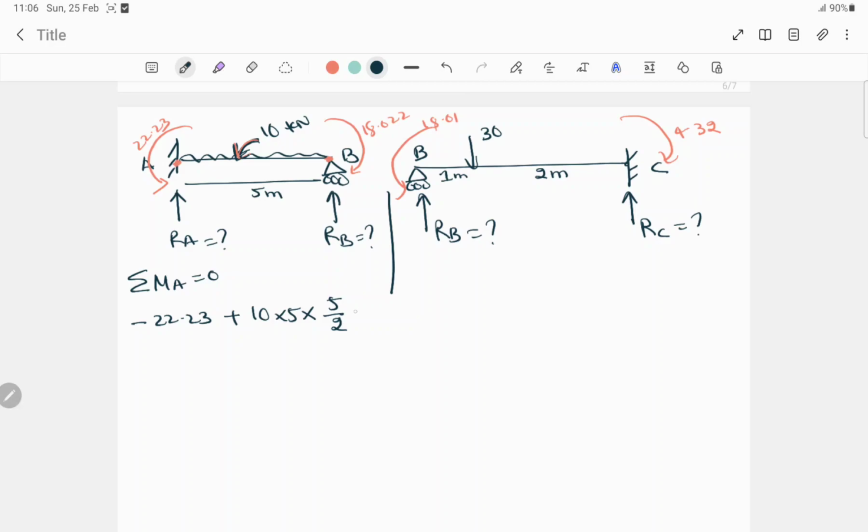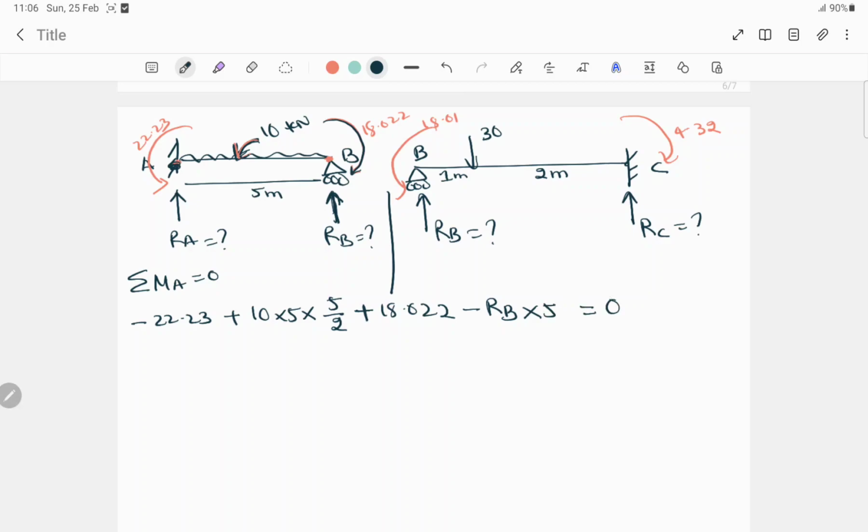Then plus, this moment is positive, right? So it will be plus here, plus 18.022. Now this force is acting upwards, so we have to consider it as minus RB into moment about A. So we have to take this distance, how much distance it will cover to reach this point, which is 5 into 5, is equal to 0.